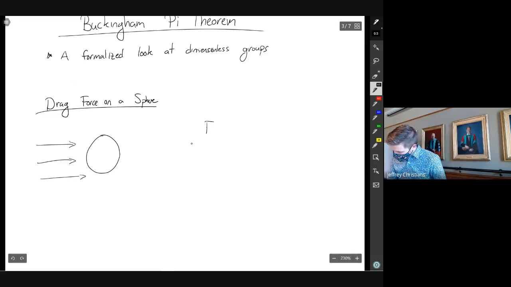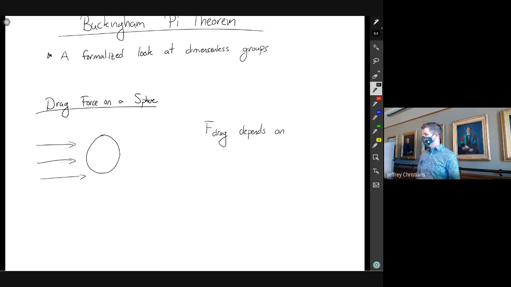So F drag: what variables or factors in our system is drag force going to depend on? Any ideas? Like if we change it, we would get a change in drag force. Velocity.